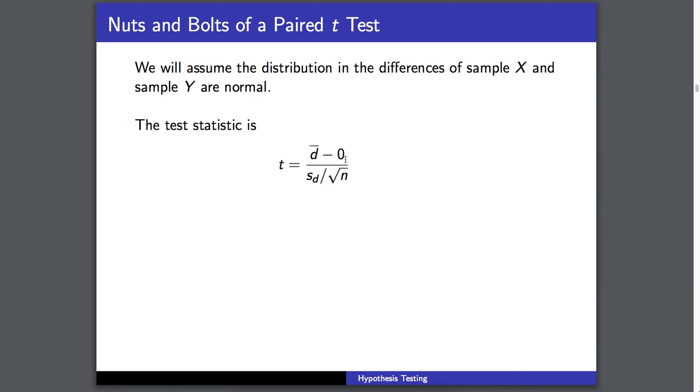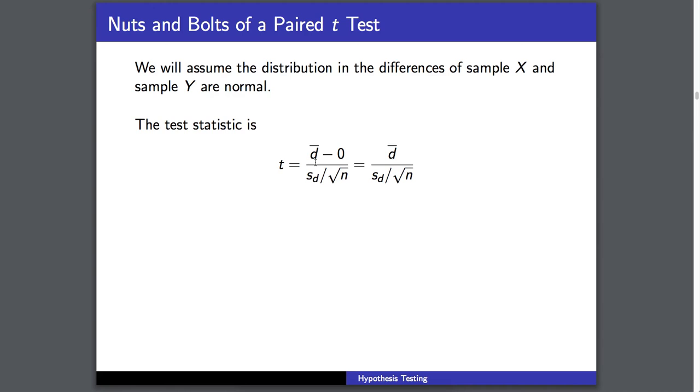However, and we'll see this in the code that I created for this section, there's also an option for testing whether the difference in population means is a particular value. So maybe not equal to each other necessarily, but maybe they have a difference of 10 or something to that effect. And then we divide by our standard error, which is the sample standard deviation of the differences divided by the square root of the sample size.